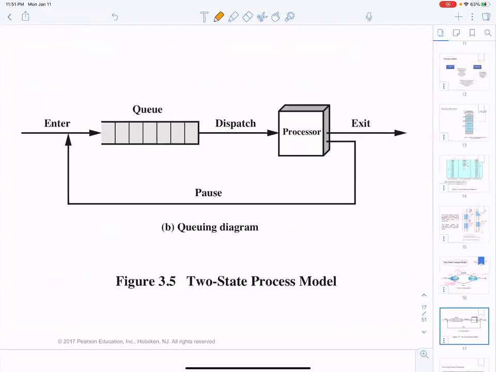So if we look at the queuing diagram, you have the queuing diagram right now that would describe the queuing behavior of the arrival of processes and the processing of those processes at the processor level and then leaving the system. This is the simple queue model that you could look at. We could begin with the design of those elements of a process once a process is created.